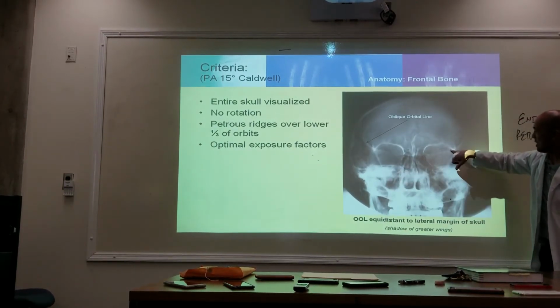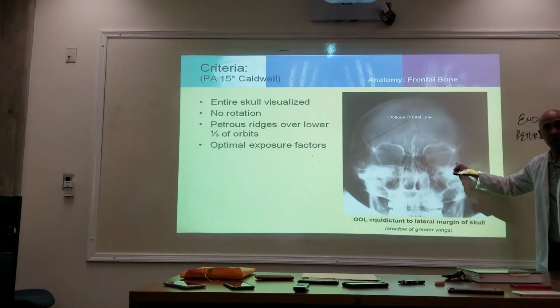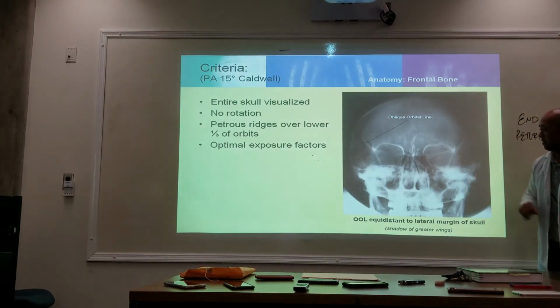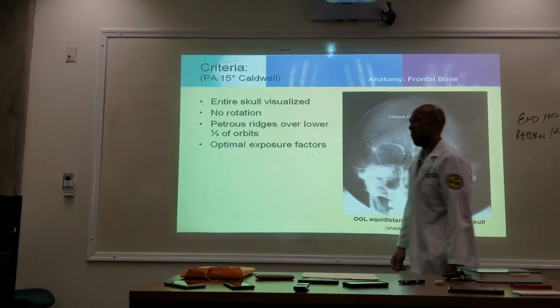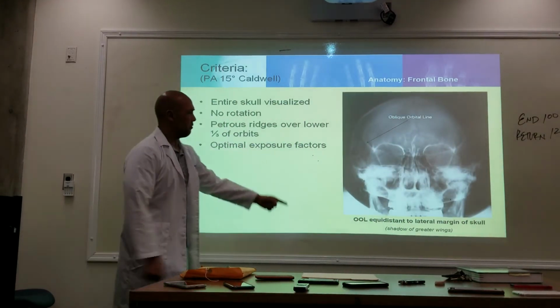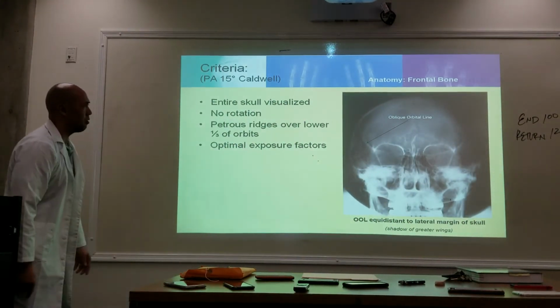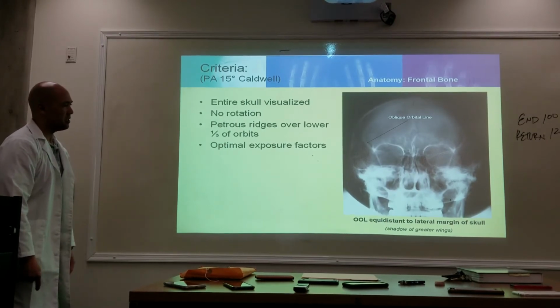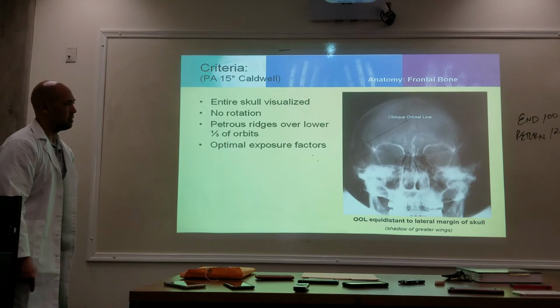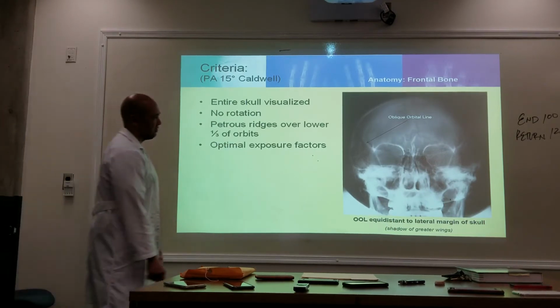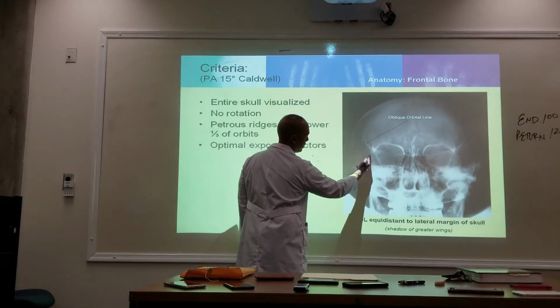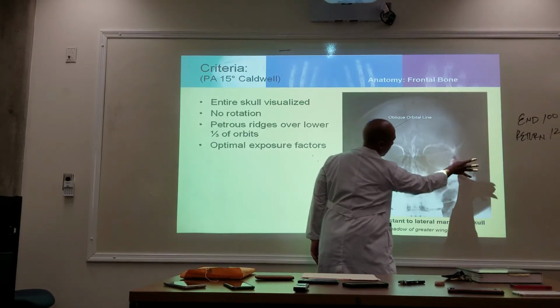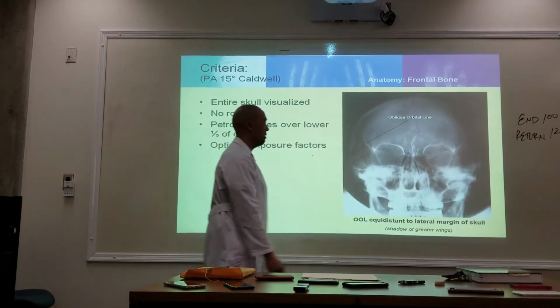We're looking at the lateral or outer margin of the orbits. This one refers to the oblique orbital line, or the shadow of the greater wings of the sphenoid. You can look at that, but it's a lot easier if you just look from edge to edge.